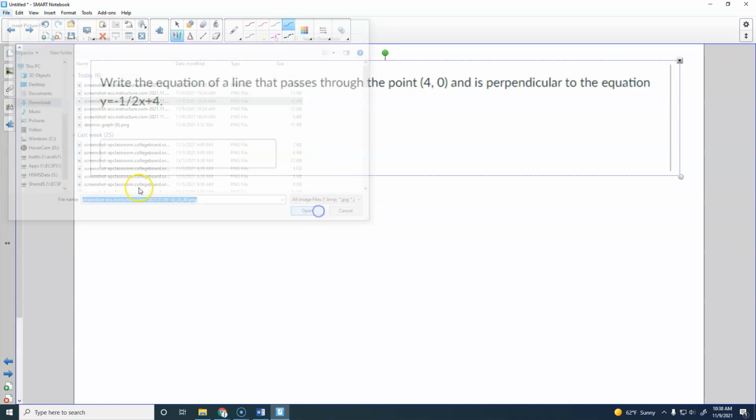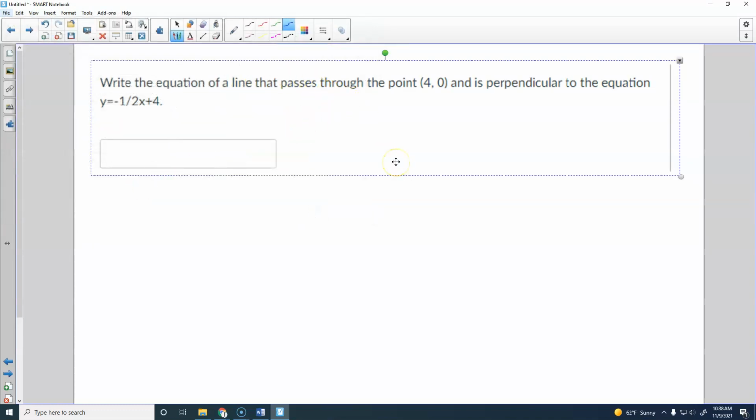Okay. All right, so let's do this next one. I'll write this bigger so you can see.